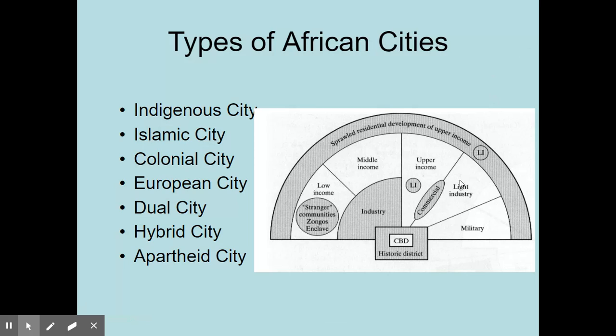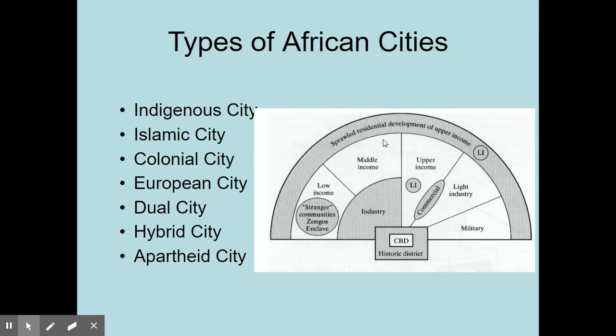These African cities, because they were taken over by white Europeans, the white Europeans would create zones where the low-income neighborhoods would have direct access to the industrial warehouses, but the upper income would be in a different part of the city, and the military would be in a different part of the city.